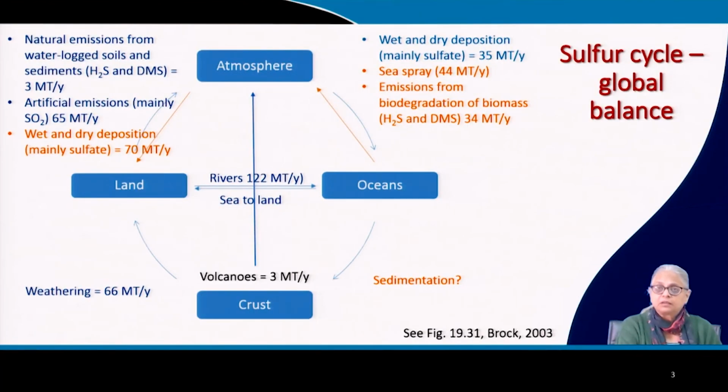Let's take a look at the sulfur cycle. So what is the global understanding of where sulfur comes and goes from? Let us take a look at sulfur emissions from waterlogged soils and lake sediments. Now these are mainly in the form of hydrogen sulfide and dimethyl sulfide. You're all familiar with the stench of sulfide or ammonia.